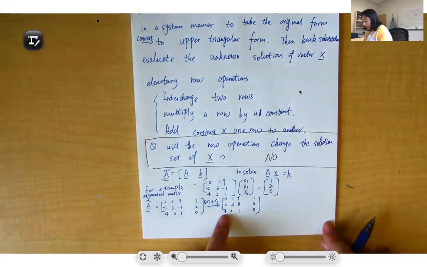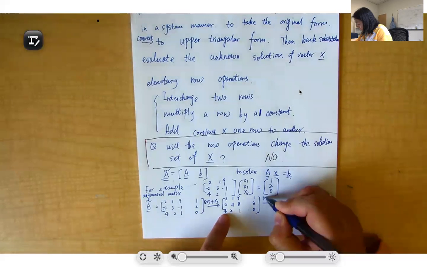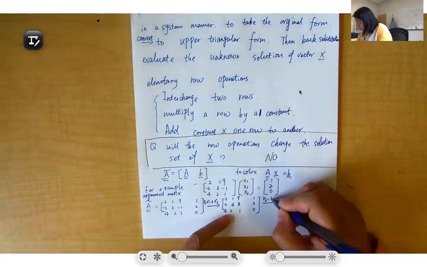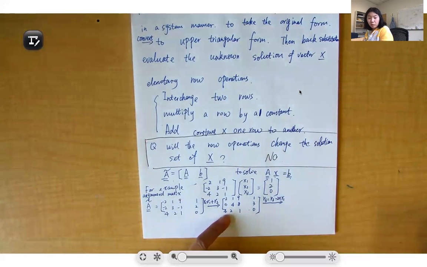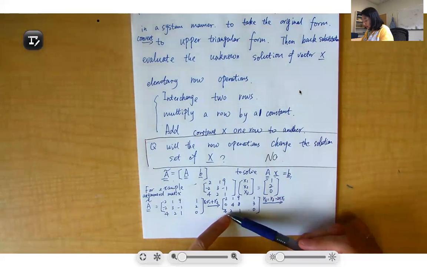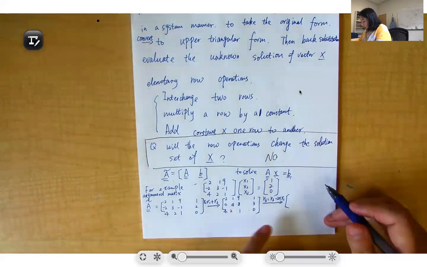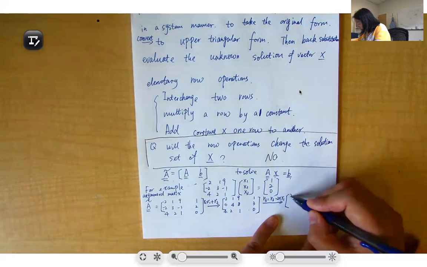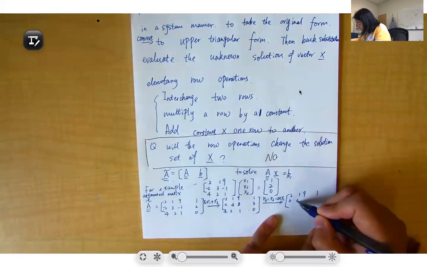Then we are trying to make this number 0. How to make this number 0? The new R3 will equal the current R3 minus 2 times R1, because 2 times R1 will make this number 0. So after the row operation, the first and second lines are unchanged: 2, 1, 9, 1 and 0, 4, 8, 3.